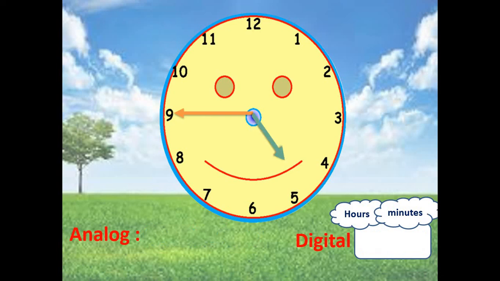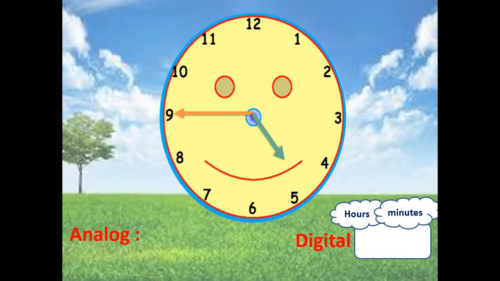Another one. The long hand points at 9, the short hand is between 4 and 5. So in the analog, we're going to say quarter to. Quarter to 4 or 5, the number next. Okay, so the 5.